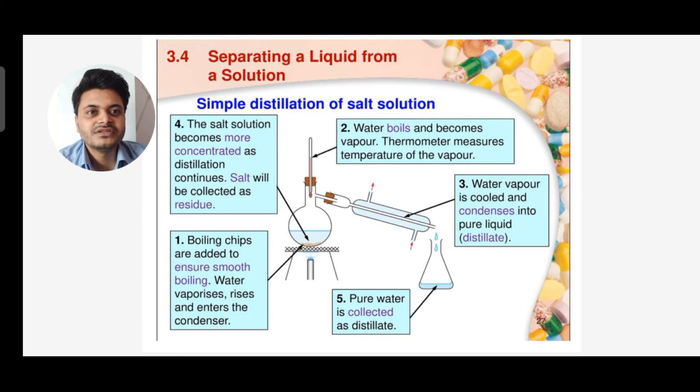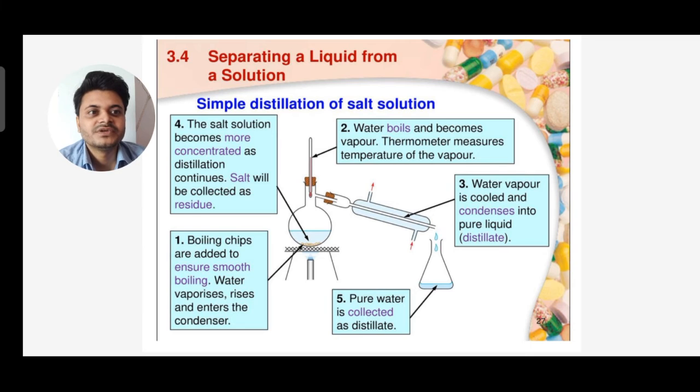Again I repeat the process of simple distillation of salt solution. First, boiling chips are added to ensure smooth boiling, and water vapor rises and enters the condenser. Next, the water boils and becomes vapor, and the thermometer measures the temperature of the vapor.